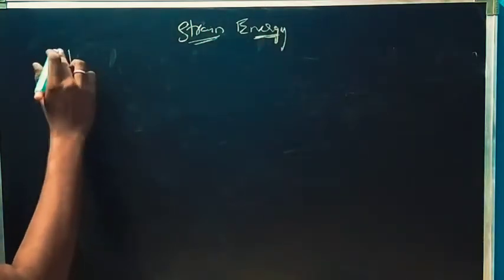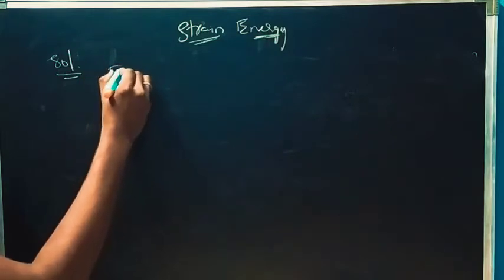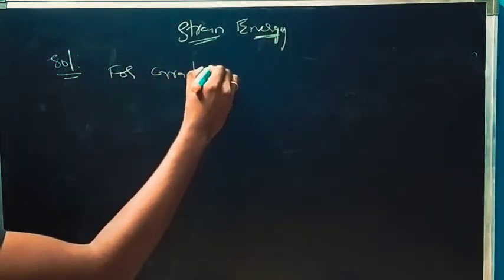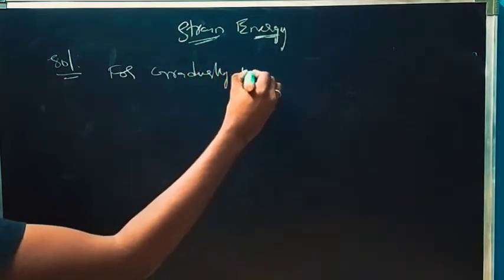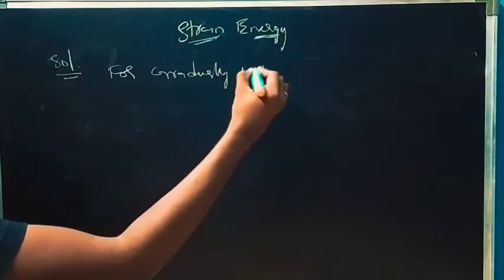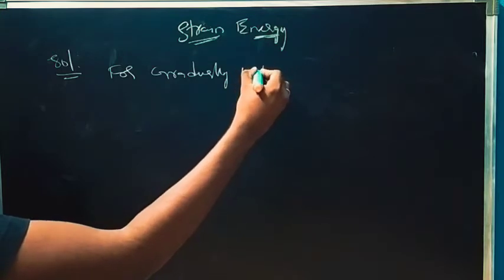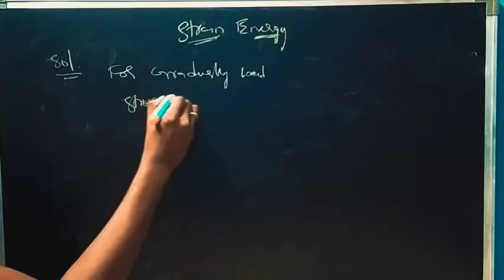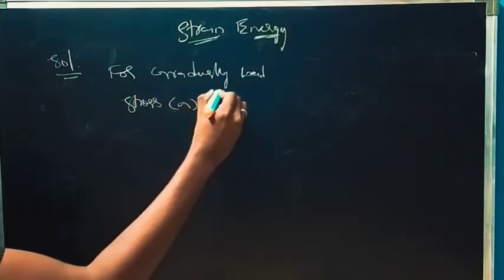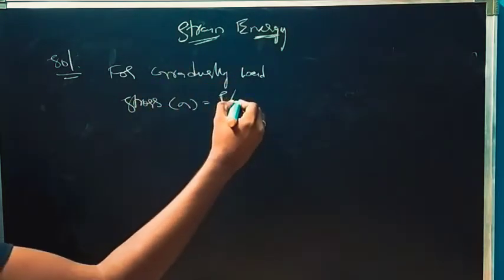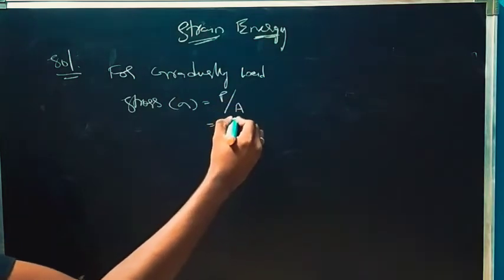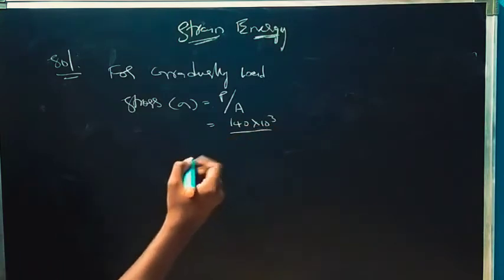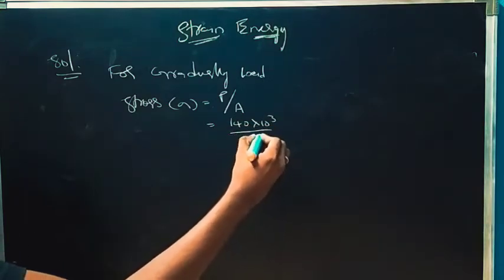So the solution for this: for gradually applied load, we know the formula is very simple. Stress equals load upon area. Stress is denoted by sigma, that is load upon area. 140 into 10 to the power of 3 upon 50 into 50.